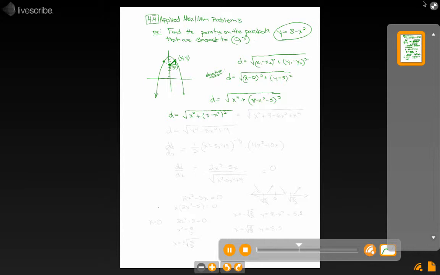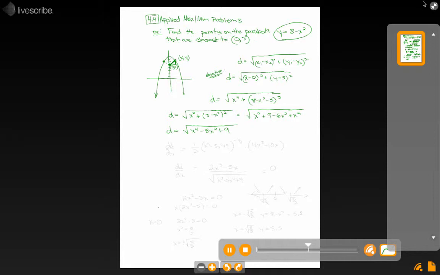Say this is 3 minus x squared squared, so the square root of x squared plus 9 minus 6x squared plus x to the 4. Put it all together, I've got distance equals the square root of x to the 4 minus 5x squared plus 9. Now that is our objective.